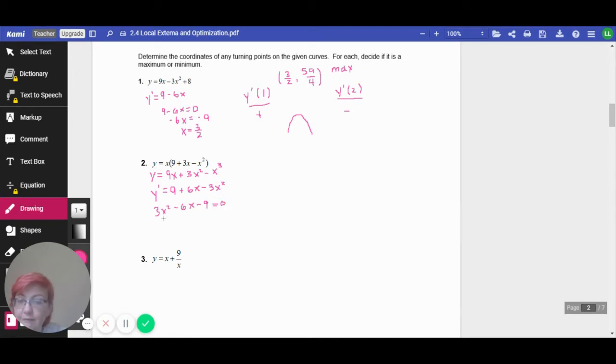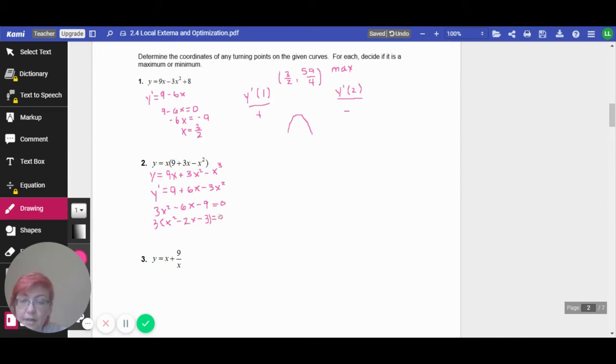I have a GCF of 3, so I'm going to factor out that 3, which leaves me with x squared minus 2x minus 3 equals 0.